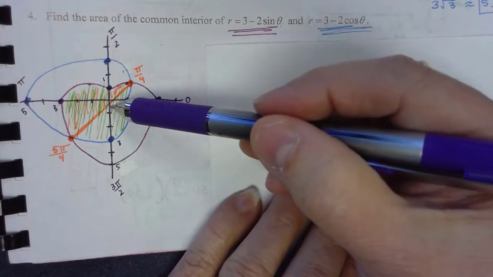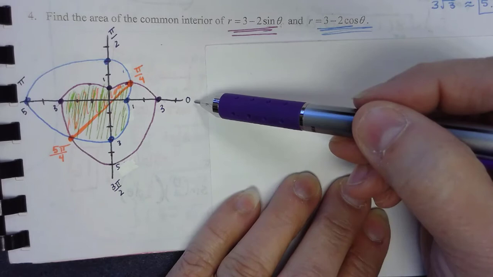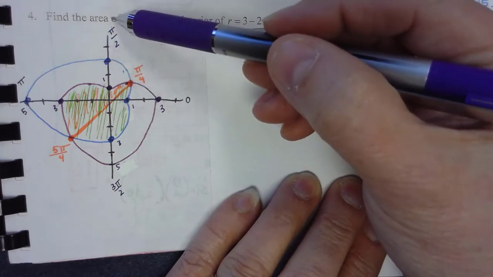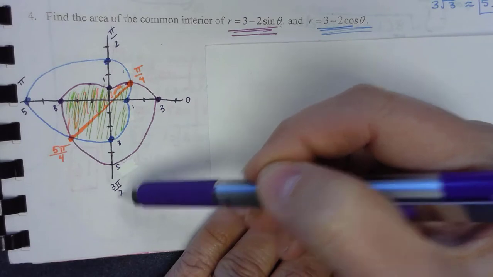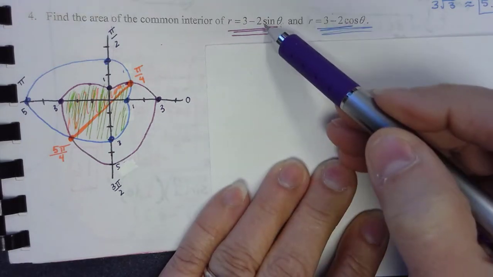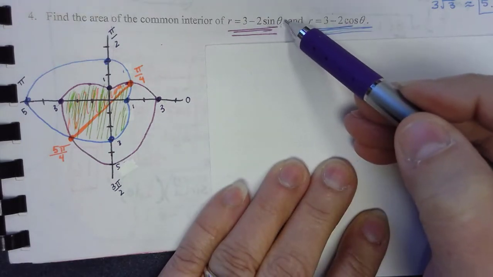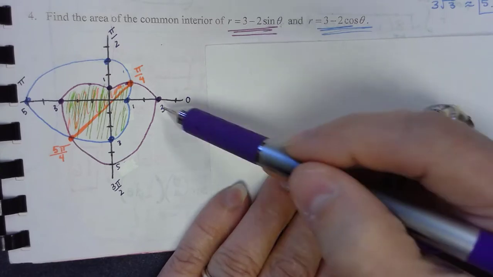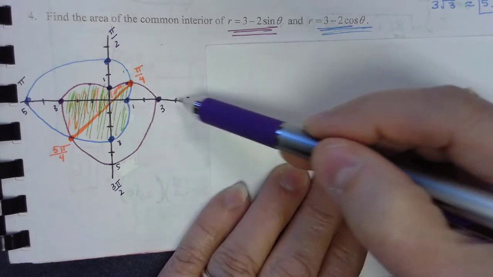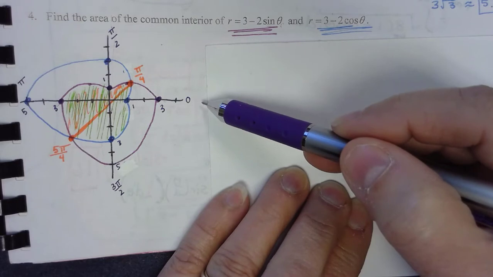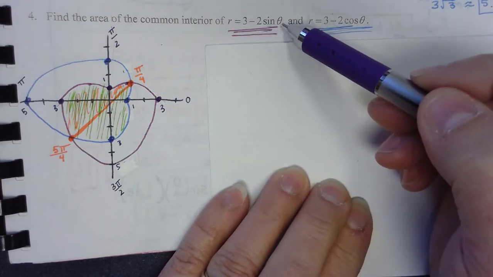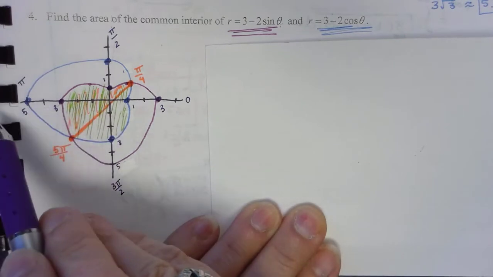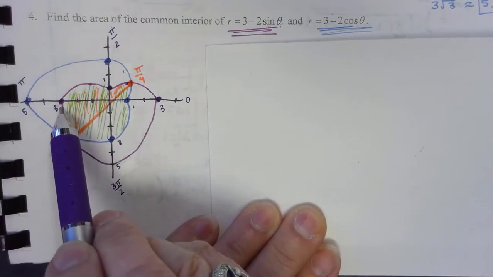So this is my radial arm on 0, at pi over 2, at pi, and at 3 pi over 2. Let's look at this one. Sine of 0 is 0, 2 times 0 is 0, 3 minus 0 is 3. So at 0, my 0 radial arm goes out to 3. Sine of pi is 0, so on the pi radial arm, I go out to 3.